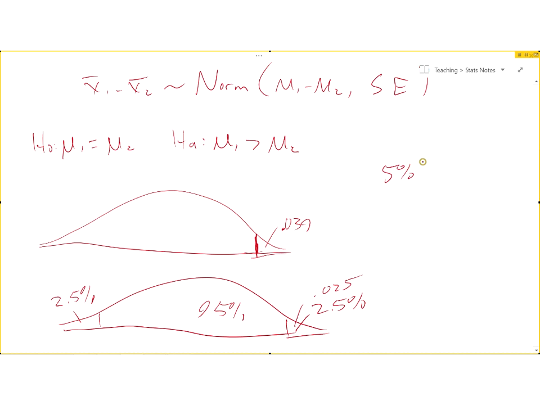A 5% significance level, and this is important, one-tailed, is equivalent to a 90% confidence interval, because 90% would be 5% on each side, which is 10%, and then 90% in the middle. So that's why those two things are equivalent. The pictures are the easiest way to understand that. It's a little bit tricky.